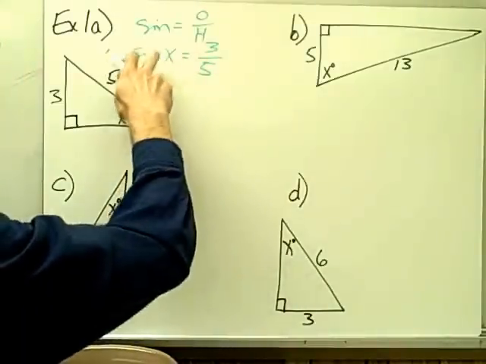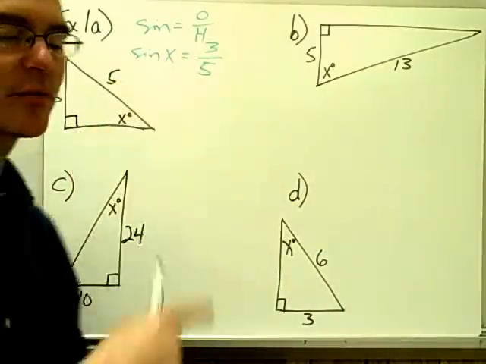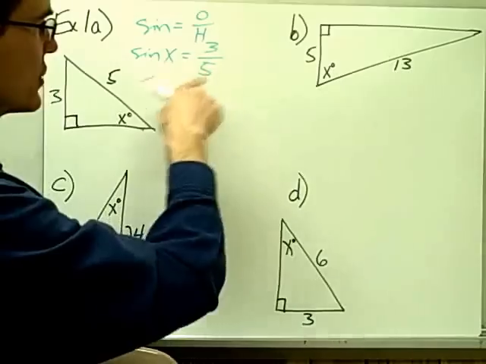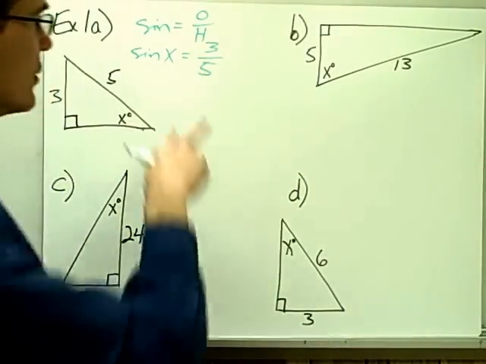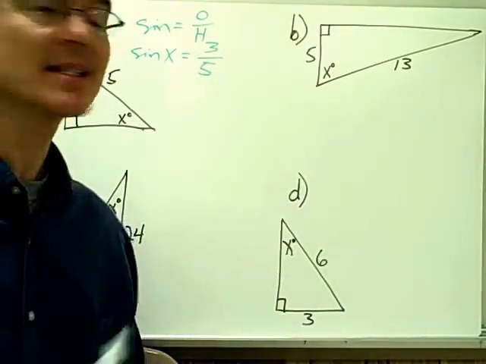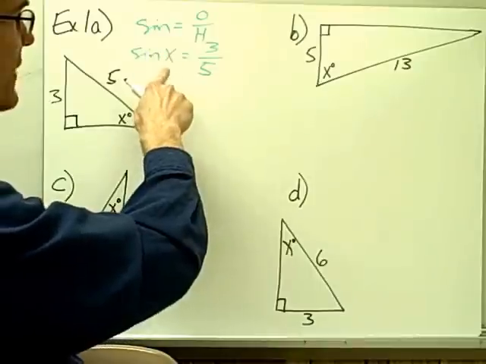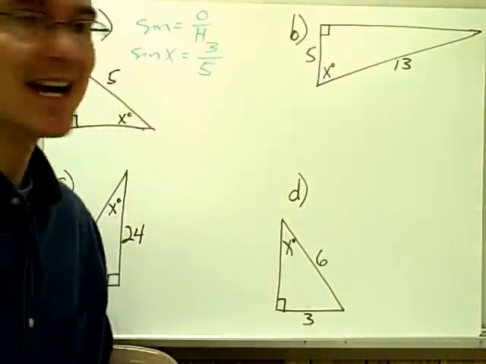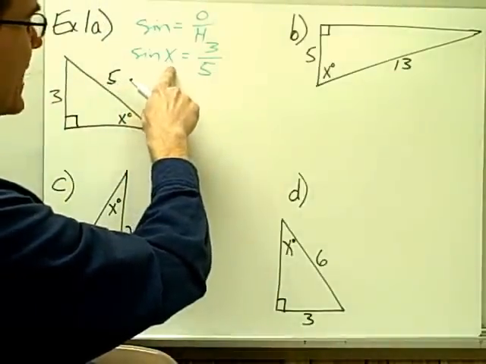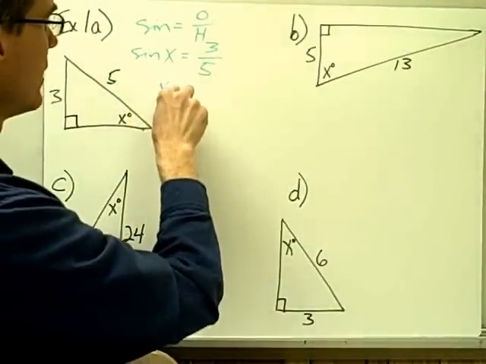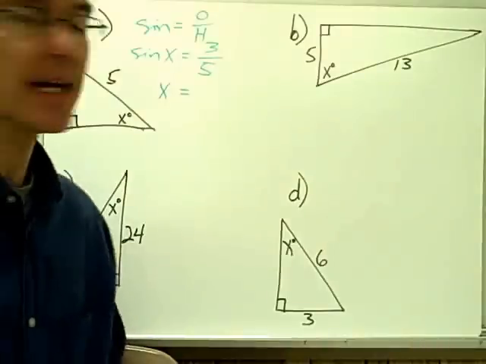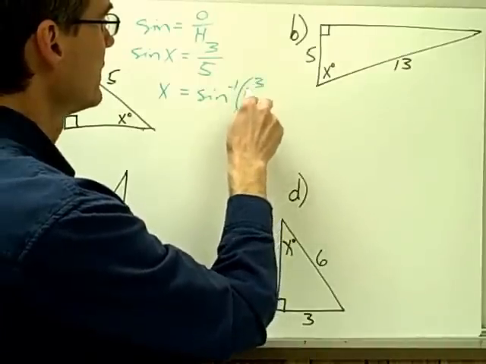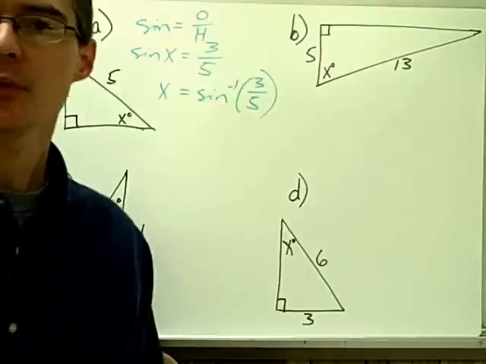So now I've set up my problem using my trig ratio, but since I'm looking for the angle, I'm going to be using something called the inverse trig ratio to solve this problem. And all the inverse trig ratio is, is just a way of finding the value of an angle if you know the value of its sine. So, since I know the sine of angle x is 3 over 5, I can find the value of the angle x by using my calculator to find the inverse sine of 3 over 5.